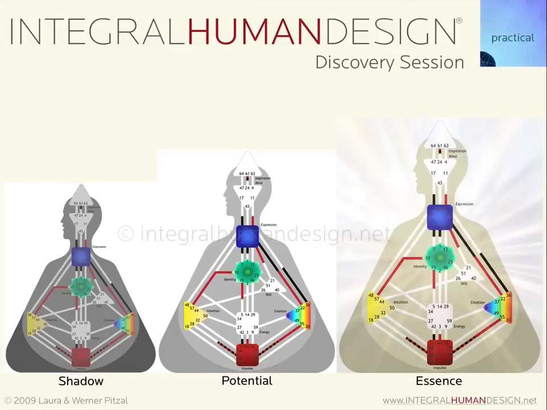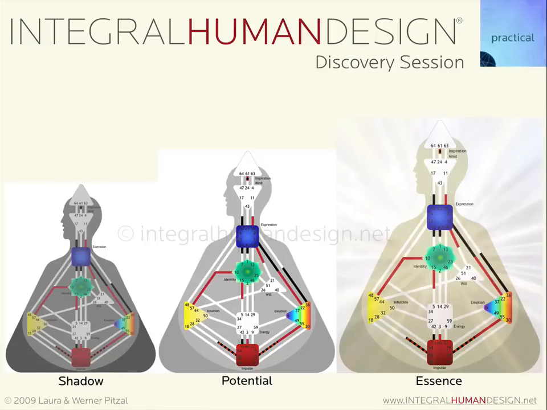The shadow, which is really your low frequency conditioned self, the self that's rooted in fear. And the potential, which is relating to the gift frequency in the Gene Keys language, which is when you begin to unlock the creative power and expand your DNA.